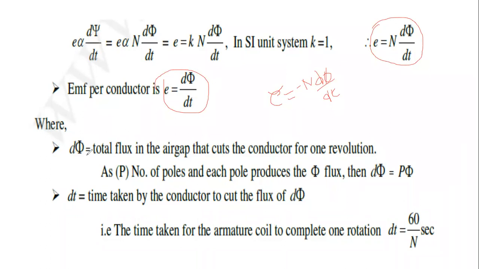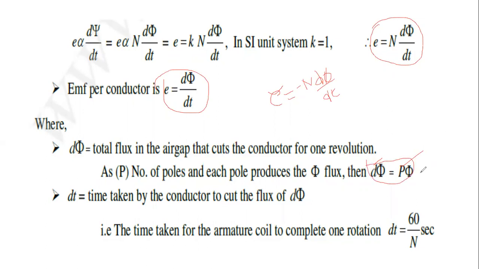Here d phi is the total flux in the air gap in one revolution. P is the number of poles and each pole produces the flux phi. Therefore d phi is equal to P phi.